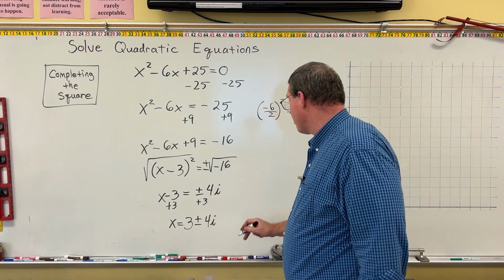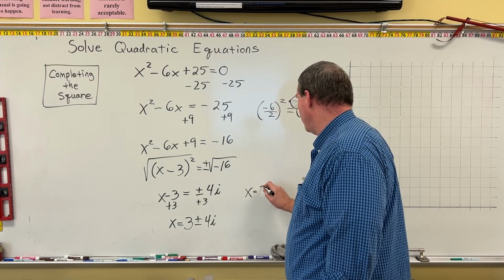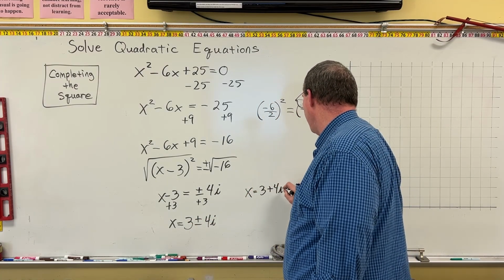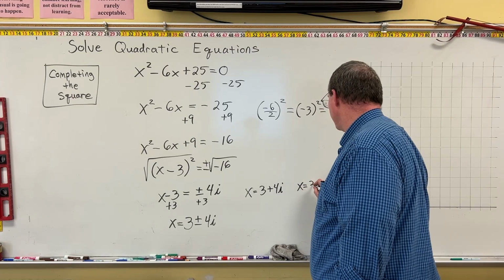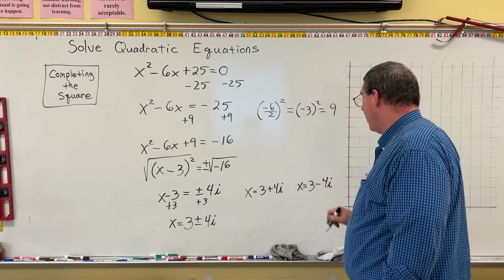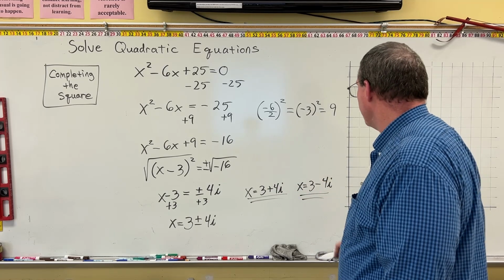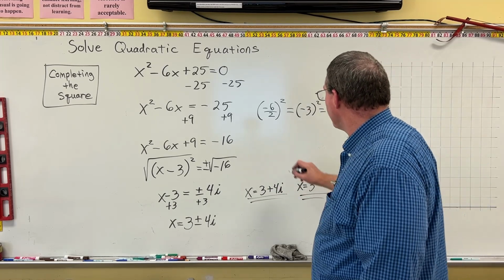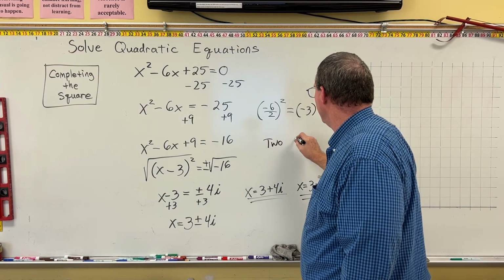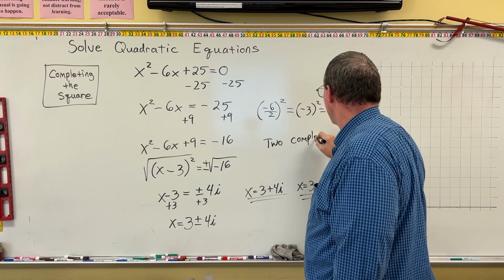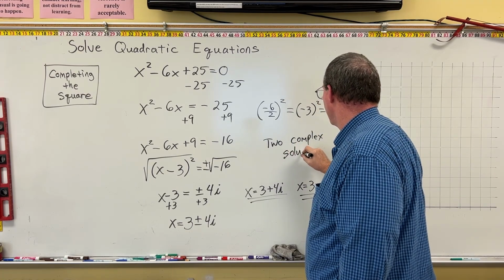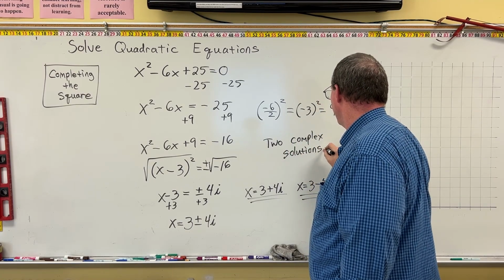That's two different answers. One of them is x is equal to 3 plus 4i, and the other one is x is equal to 3 minus 4i. And we're done. Those are the two solutions, 3 plus 4i and 3 minus 4i. And so what we can say here is that there are two complex solutions. And that's it. There we go. We're done.